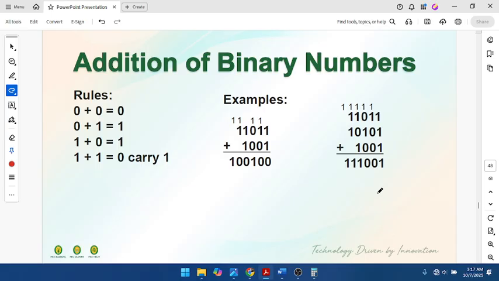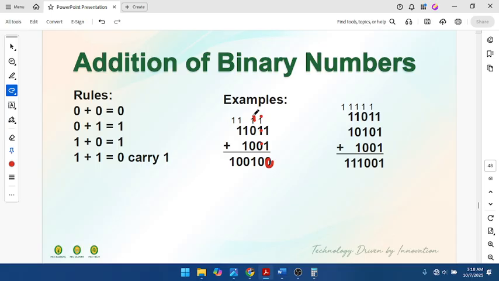Okay, so this is 1 plus 1, 0 carry 1. 1 plus 1 equals 0, carry 1, so may carry na po tayo, so 0. Then we have 1, 0 plus 0 equals 0.